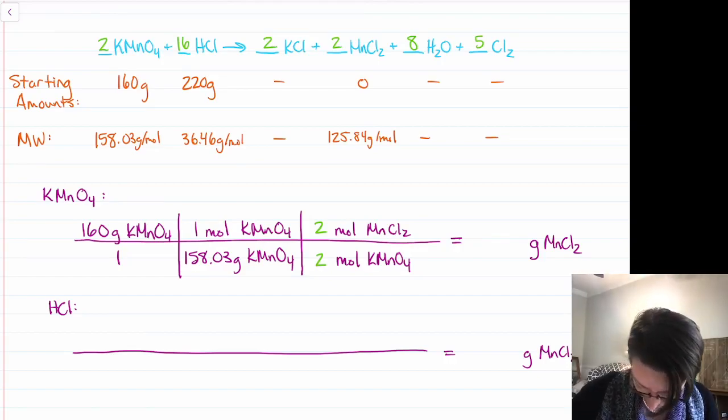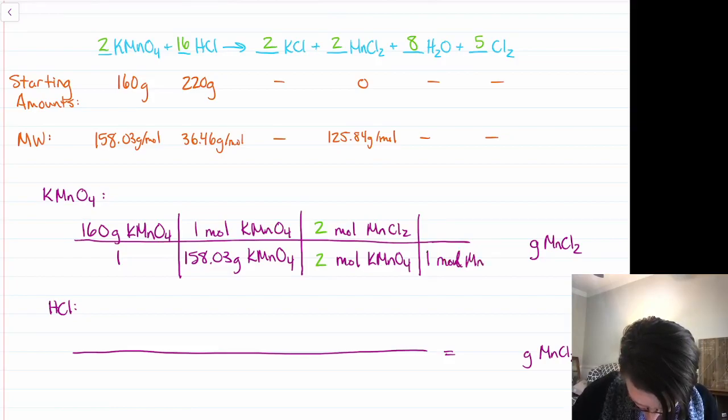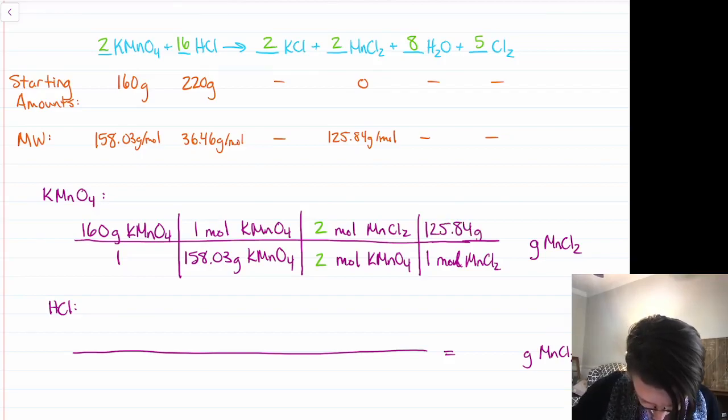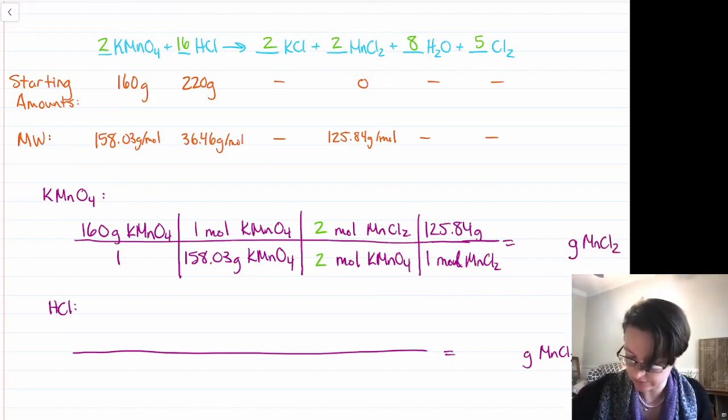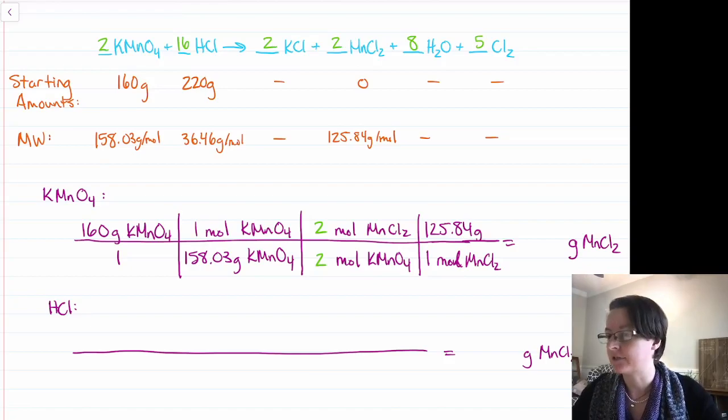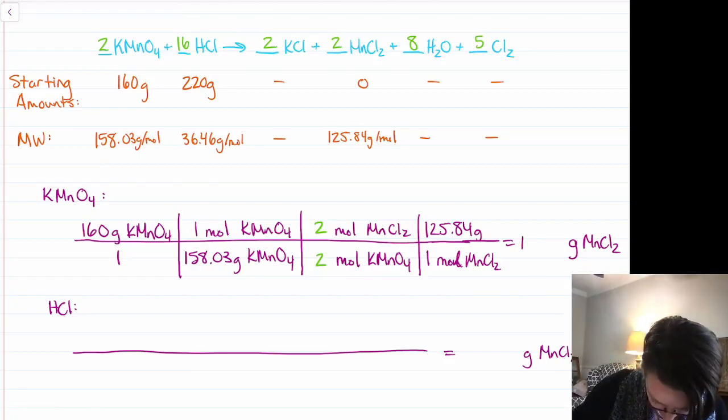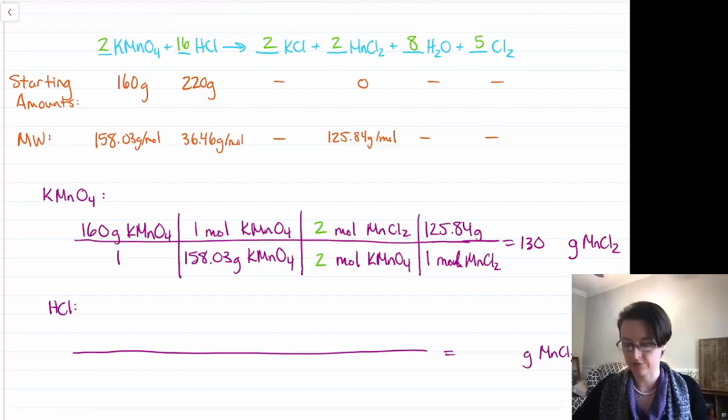Last but not least, I need to do a moles to grams conversion, and so that is going to be using the molecular weight of manganese 2 chloride, and that is 125.84 grams. And when I put this all into my calculator, that is going to give me the number of grams of manganese 2 chloride, which after doing the math, you would get that this is 130 grams of manganese 2 chloride.